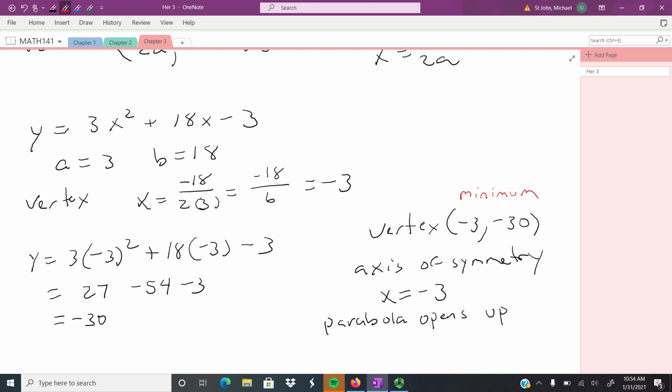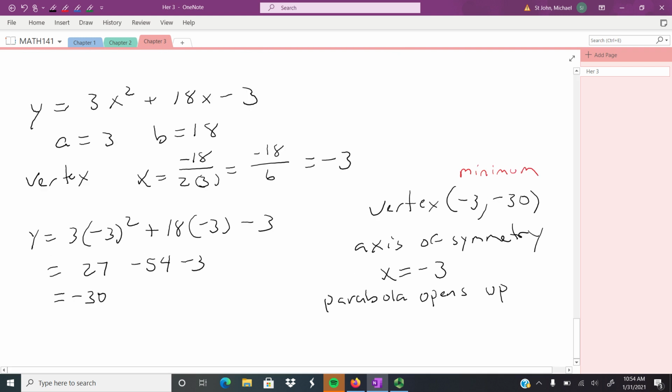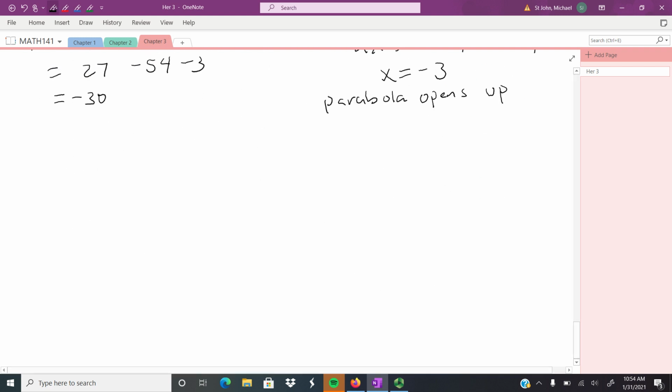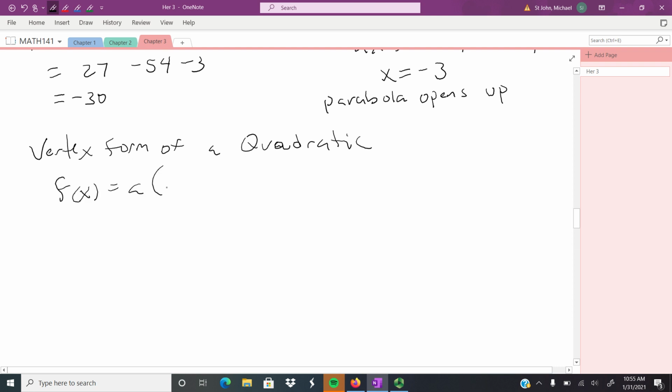All right. In terms of writing out a formula for this parabola, there is the vertex form of a quadratic: f of x equals a(x minus h) squared plus k. When the formula is in this form, the vertex is given by (h, k).